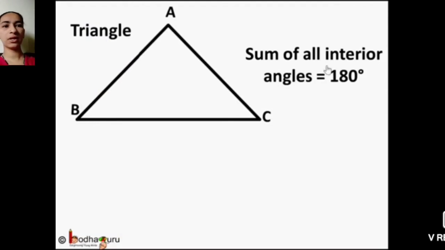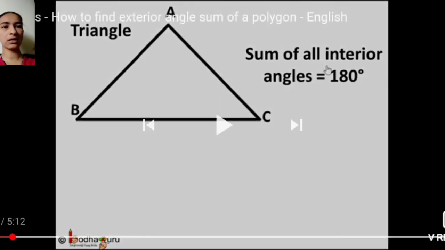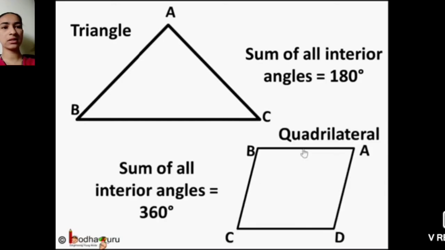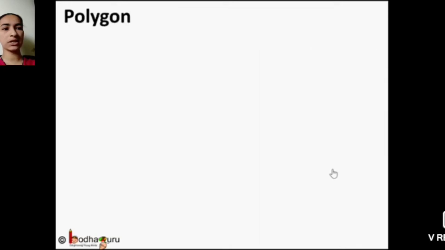Now in the figure you can see there is a triangle ABC, and the sum of all interior angles of a triangle is 180. Now what about a quadrilateral? The sum of all interior angles is 360. Now what about a polygon?